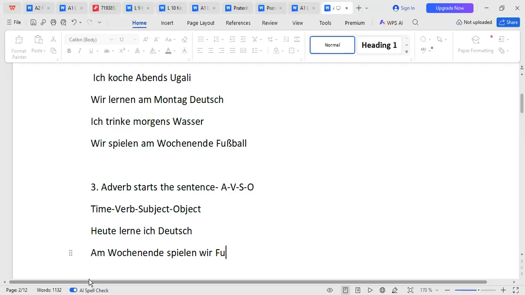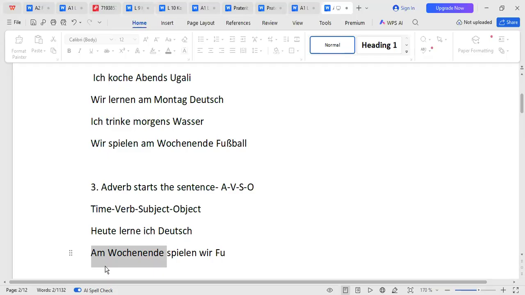Am Wochenende spielen wir. I know somebody might be worrying now, but sir, you've told us the verb must be in second position. Don't just count am as one. No, you'll be taught, when we are saying the days of the week, times of the day, you must use the preposition am. You can't just say Montag. You must say am Montag. So it is counted as one. Am Montag, am Dienstag, am Mittwoch, am Donnerstag, am Freitag, am Samstag, am Sonntag, am Wochenende.